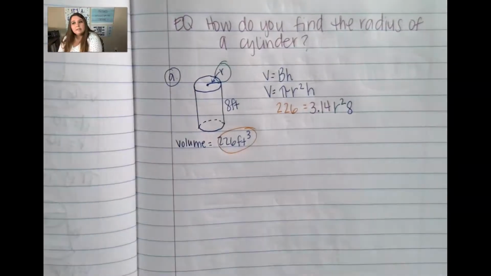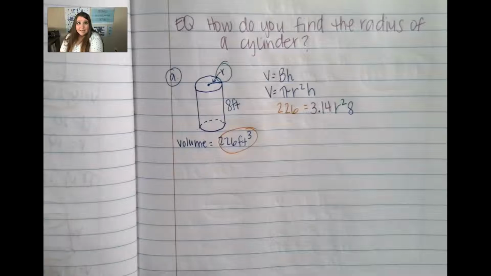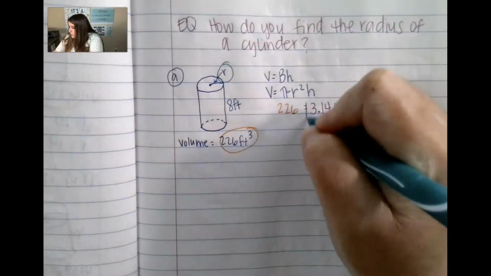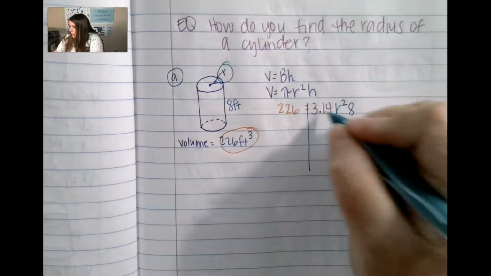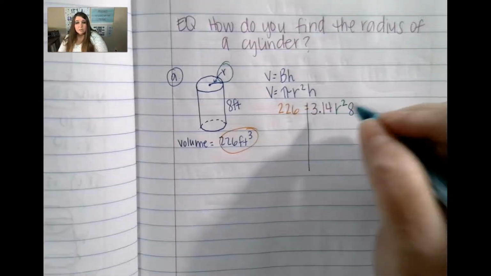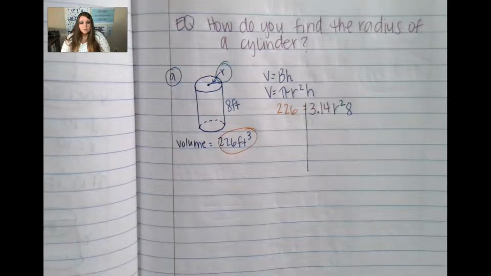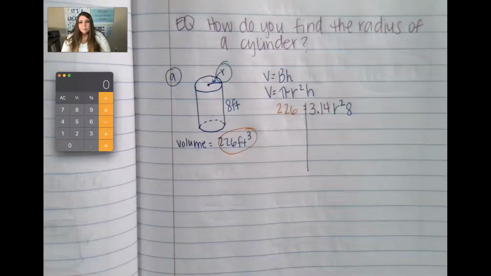So we're going to solve using the information that we can. Let's multiply and simplify on one side so that we can get this r all by itself. So we're going to multiply 3.14 and 8.